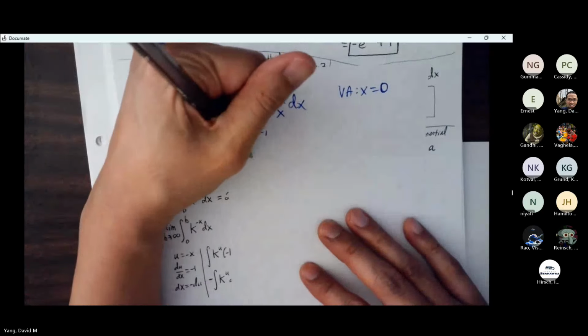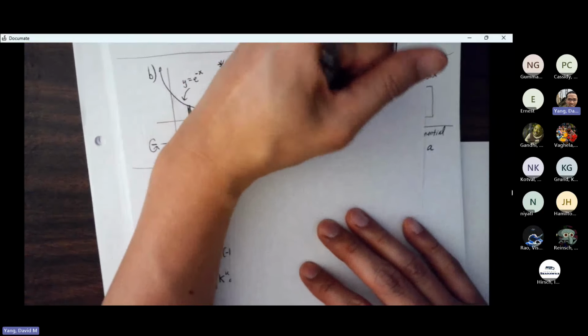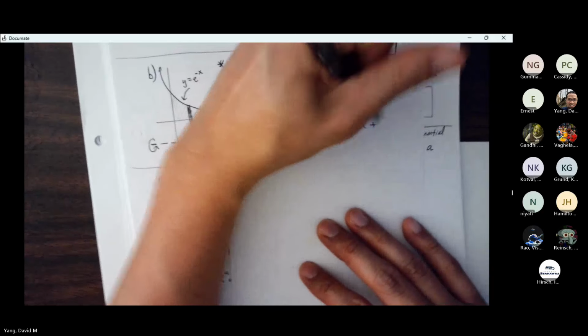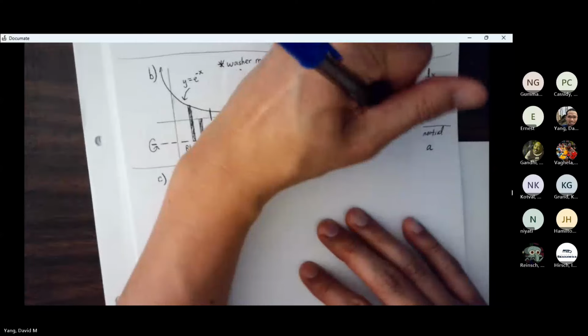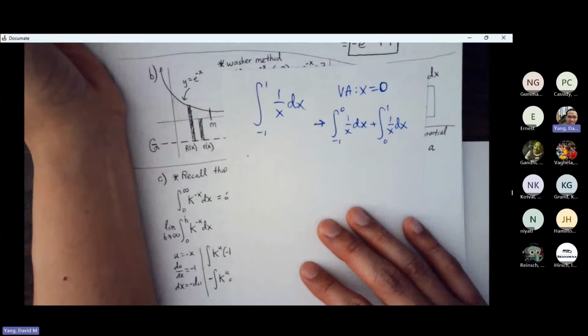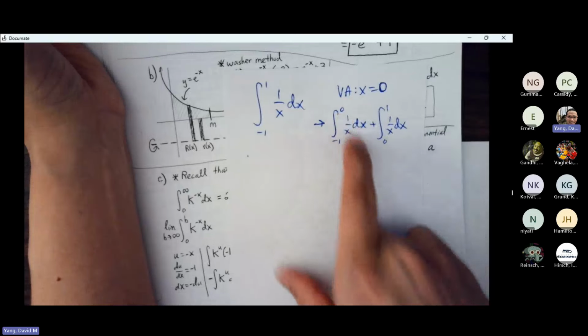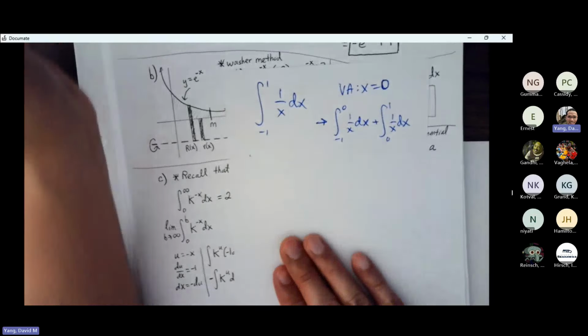So we have to think of this as the integral from -1 to 0, and then from 0 to 1 of 1 over x. Both of these will require their own one-sided limit, because we can't reach 0 since it's an asymptote, but we can get close to 0 from both sides.